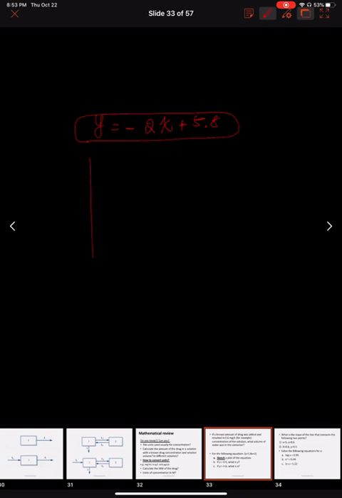Okay, if I want to draw it, I have y versus x. I have 5.8, which means that my y-intercept is what? Positive. Okay, that's why it's above, in the positive part of the y-axis. So it will be 5.8.